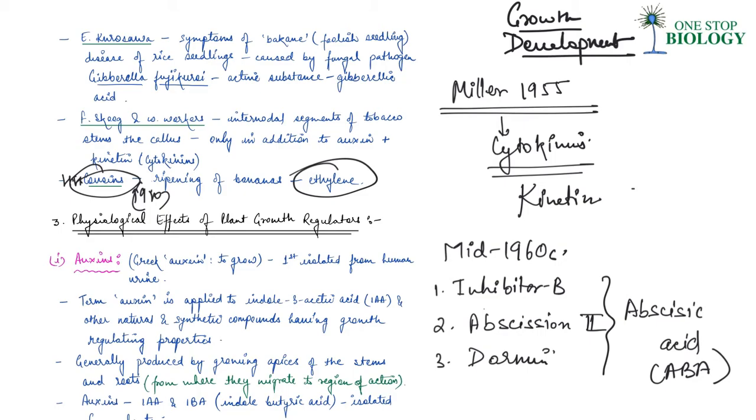After the discovery of all of these different chemical compounds, people started studying their effects as well, and all the different effects of these compounds we are going to cover in the next video. In the next video we are basically going to cover the physiological effects of plant growth regulators.